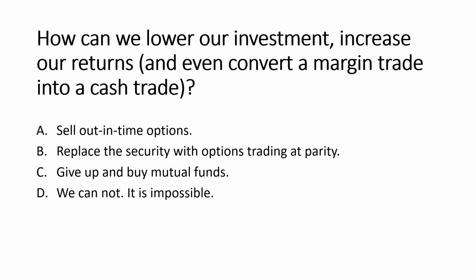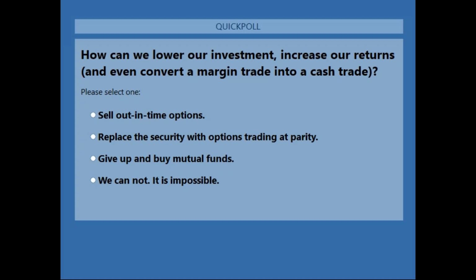Let me go ahead and, now that you've thought about it, let you answer. Now this one only has one answer. Is the answer to sell out in time options? Is the answer to replace the security with an option trading at parity? Is it to give up and buy mutual funds, or is what we're talking about not even possible?